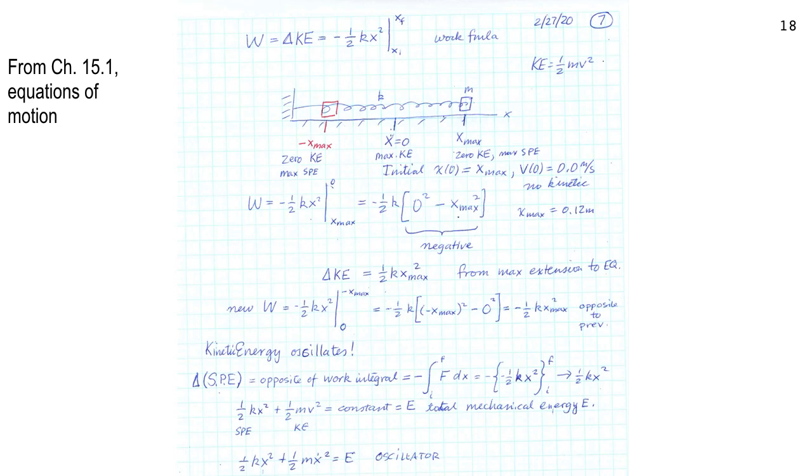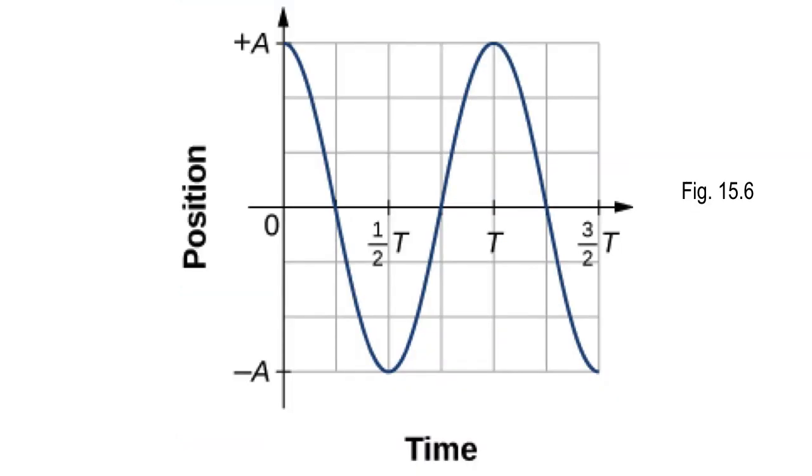Let's take, as I mentioned, the equations of motion and stuff from chapter 2, from chapter 15.1 and a little bit deeper into chapter 15. Let's take a look at some of these images. Here's the basic oscillation. The vertical axis is x of t.